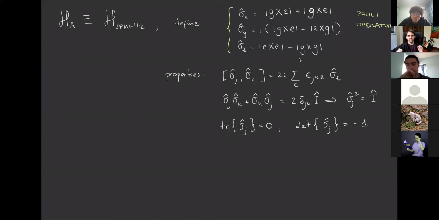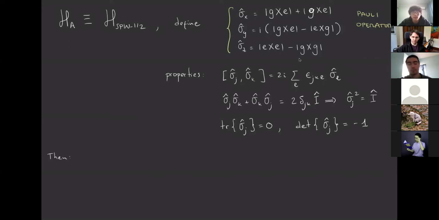Okay, so these are the properties of the Pauli operators that we will use all the time. And I think they are very natural and that you are already familiar with them, but it's good to just settle them. And then we can go back to them anytime we need.